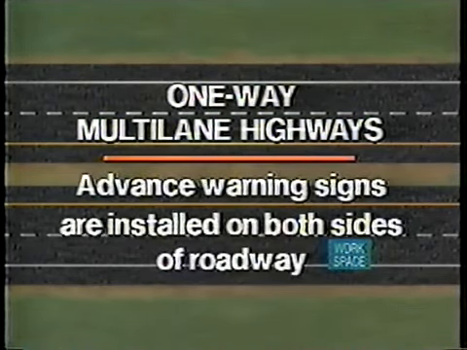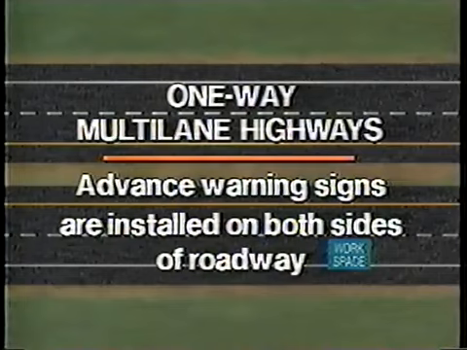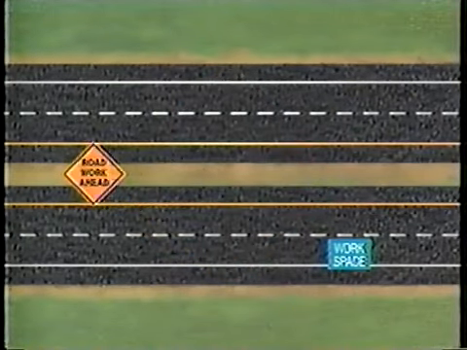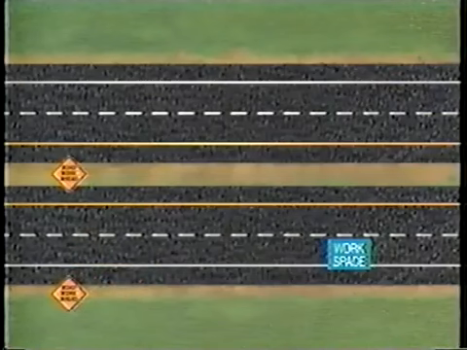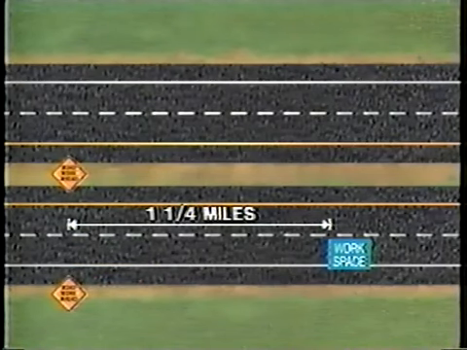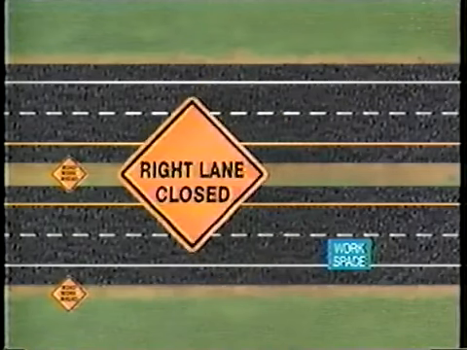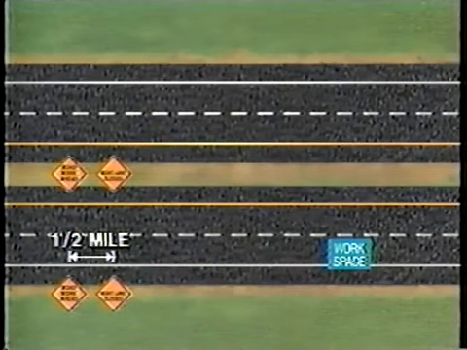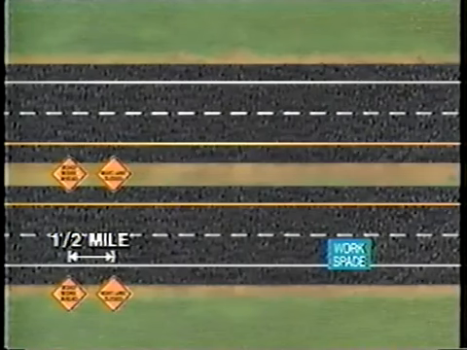However, for one-way multi-lane roadways, the advance signs are generally installed on both the left and right sides of the roadway. The first two signs installed are the two road work ahead signs, 1¼ miles before the workspace on both sides of the roadway. Next, two right lane closed signs are placed 1/2 mile from the first signs, again, one on each side of the roadway.